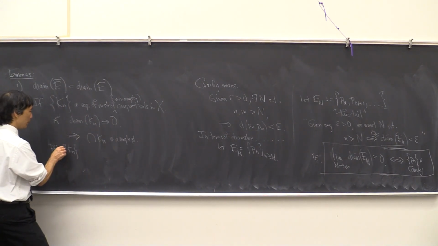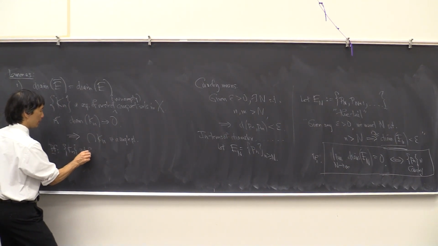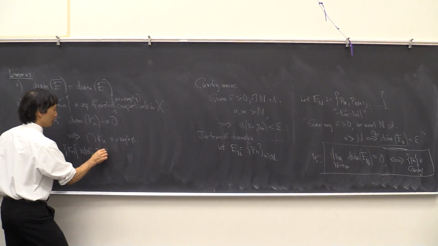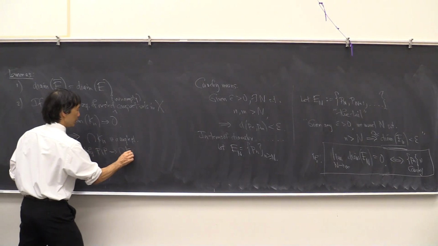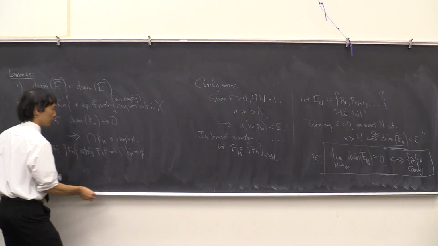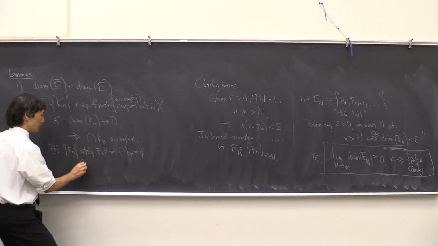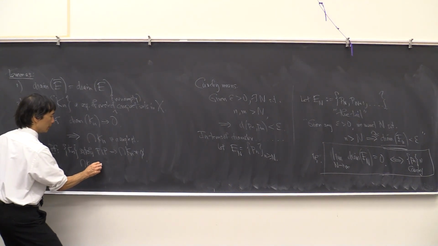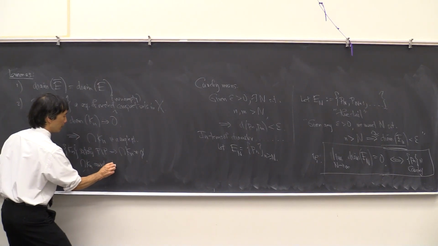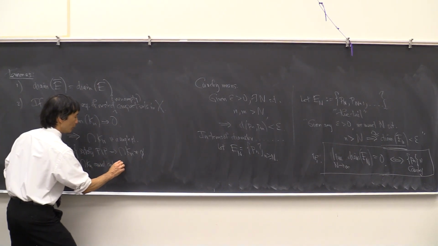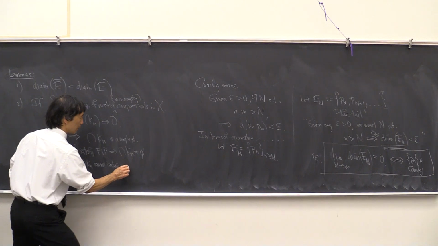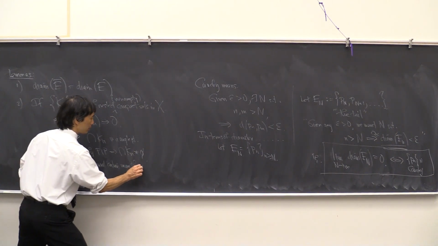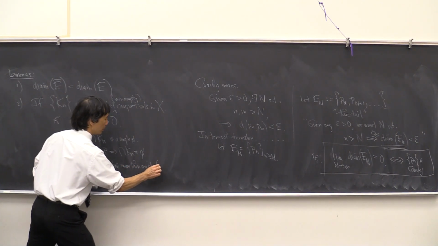K sub n satisfy the finite intersection property. And so the intersection is not empty. The intersection cannot contain 2 points, right? Cannot contain more than 1 point, right?